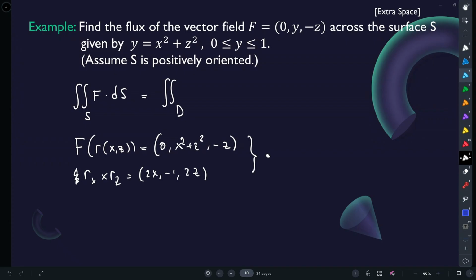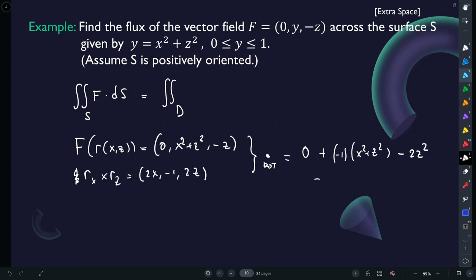If I dot f with this cross product, I get 0 times 2x, that's 0, plus minus 1 times x squared plus z squared, plus minus z times 2z, so minus 2z squared.